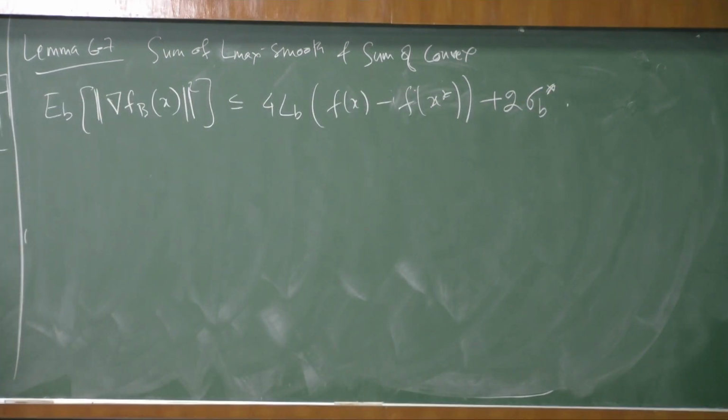Okay, so this is a lemma. We will not prove this lemma. We will skip this, let's say. We will just do the main result. We will assume that this lemma can be done.